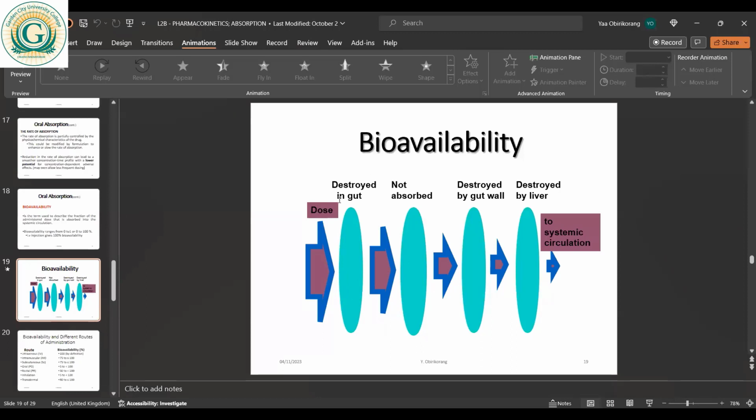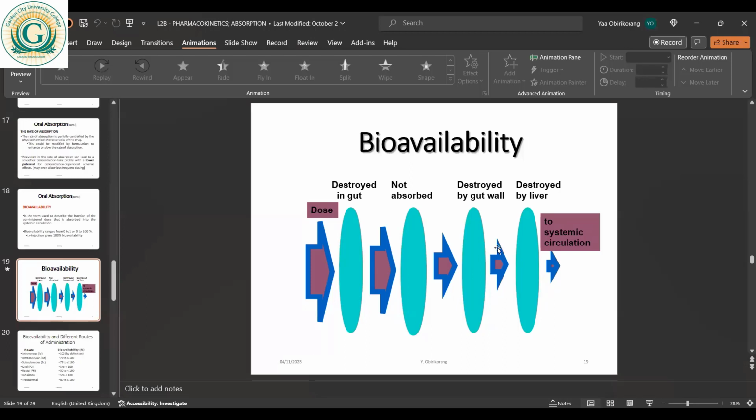And so whenever you administer any medication using the enteral route, some of it will be destroyed by the gut. The gastric juices, the enzymes in the stomach, the hydrochloric acid, are all going to affect or destroy parts of the drug. Some of the drug will not be absorbed at all. Some will be destroyed also by the gut wall.